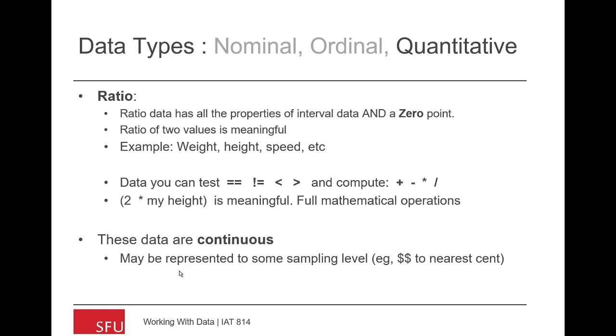One little proviso: it might be the case that you could do multiplication for continuous values, but it might in the machine be represented to some sampling level. So think about money, for example. We don't ever write a check for $8.32.8672. We write a check for $8.32, and that's it.